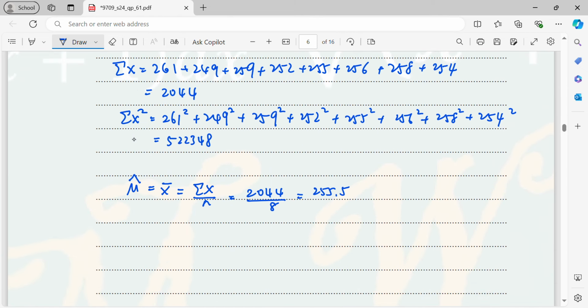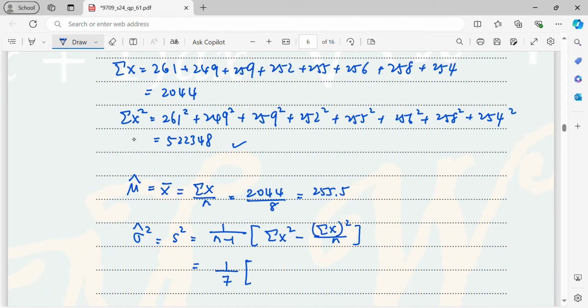For variance, population variance is sigma squared, so sigma hat squared because it's an estimated value. It is calculated using the sample variance. Formula is 1 over n minus 1 times summation x squared minus square of summation x over n. And now replace all the values. So your n is 8, therefore n minus 1 becomes 7.